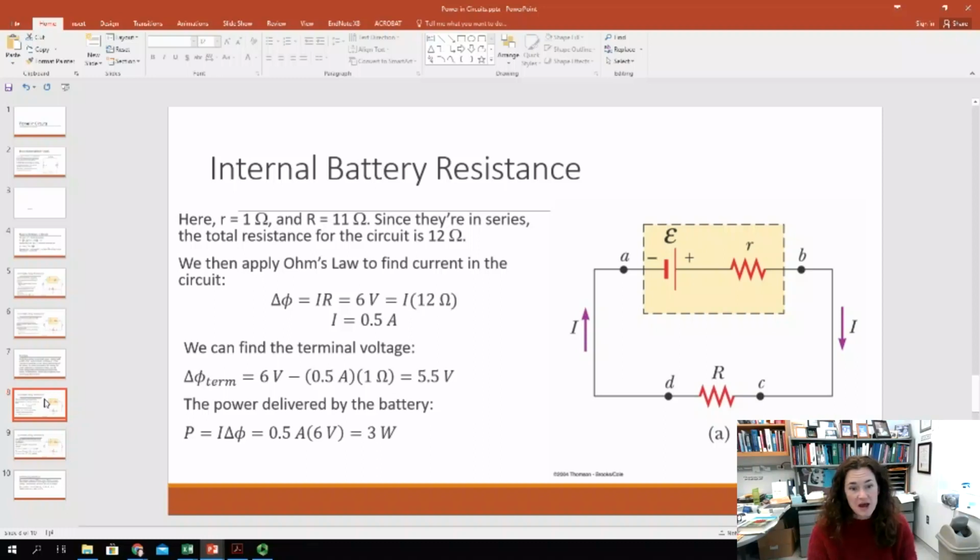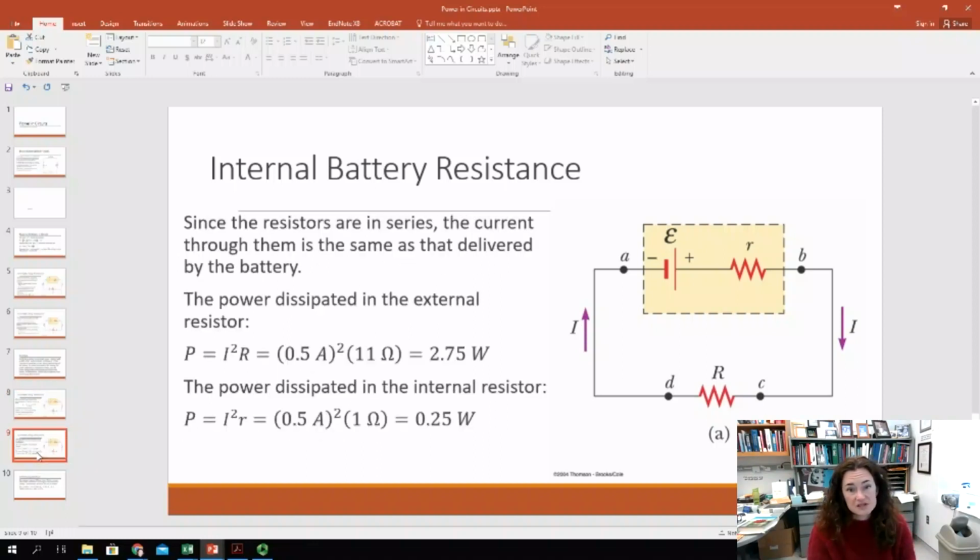I can now find the power delivered by the battery too. That would be I times delta phi, or 0.5 amps times 6 volts, which gives me 3 watts. Now the resistors are in series, so the current through them is the same as that delivered by the battery.